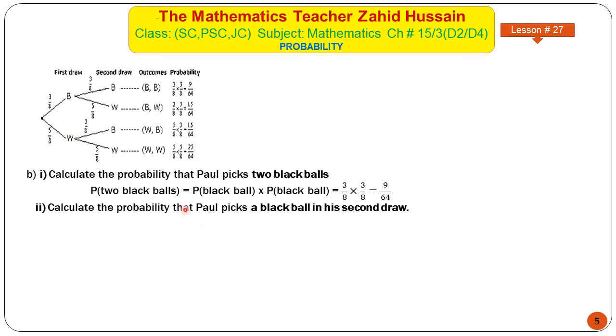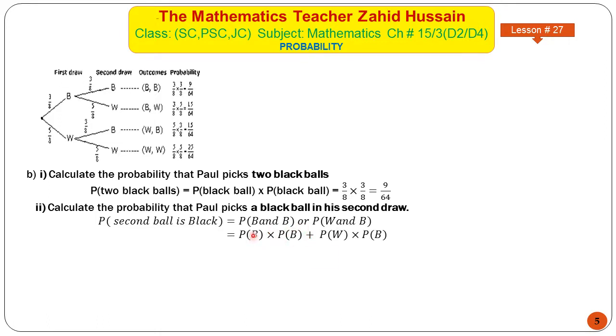So how will we calculate the probability? There are two cases: first black ball and second black ball, or first white ball and second black ball. Second ball is black means probability of black and black, or probability of white and black. And means we multiply, and or means we add.